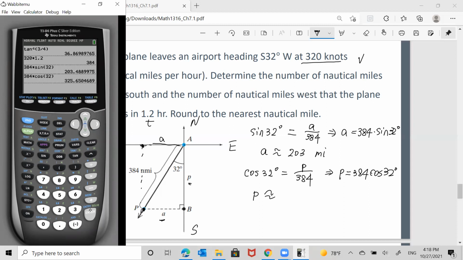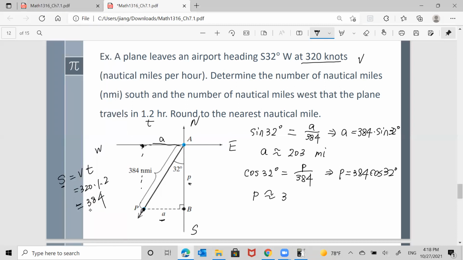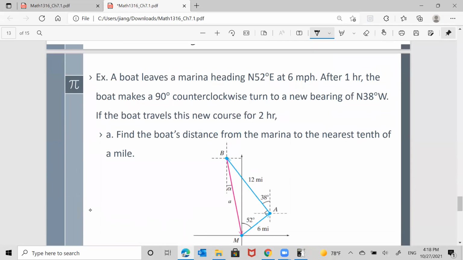That's 325.6. That's 326 miles. Yeah, that's correct. So that's the answer for this question, which is asking how many miles travel to the west and how many miles travel to the south. So we are looking for A and P. Okay, let's move on to the next one.